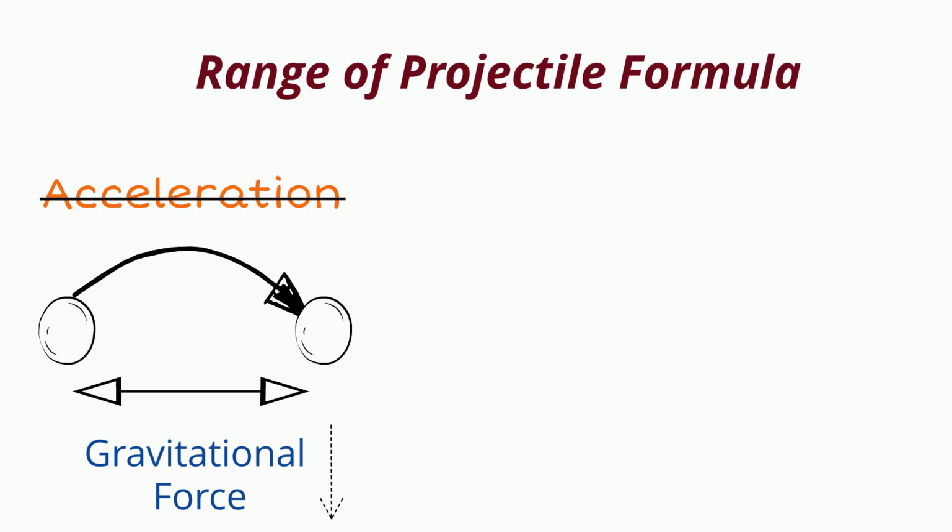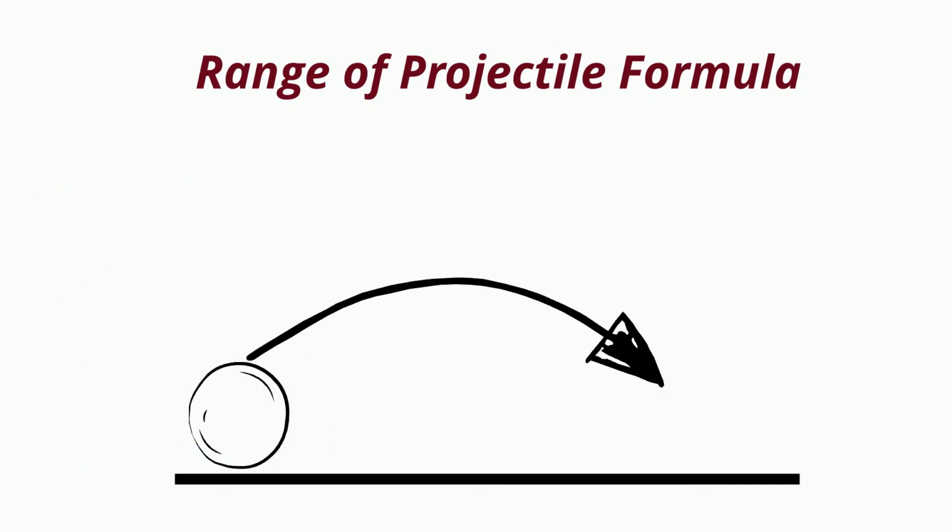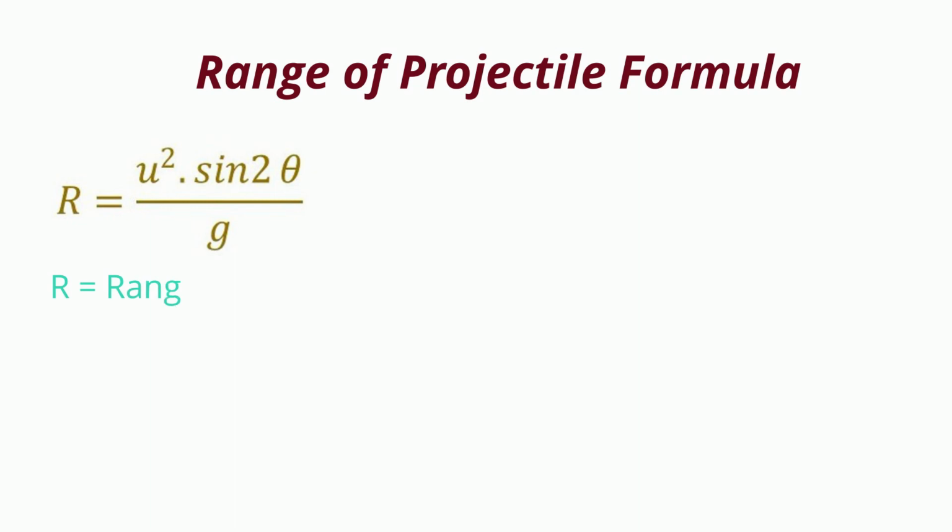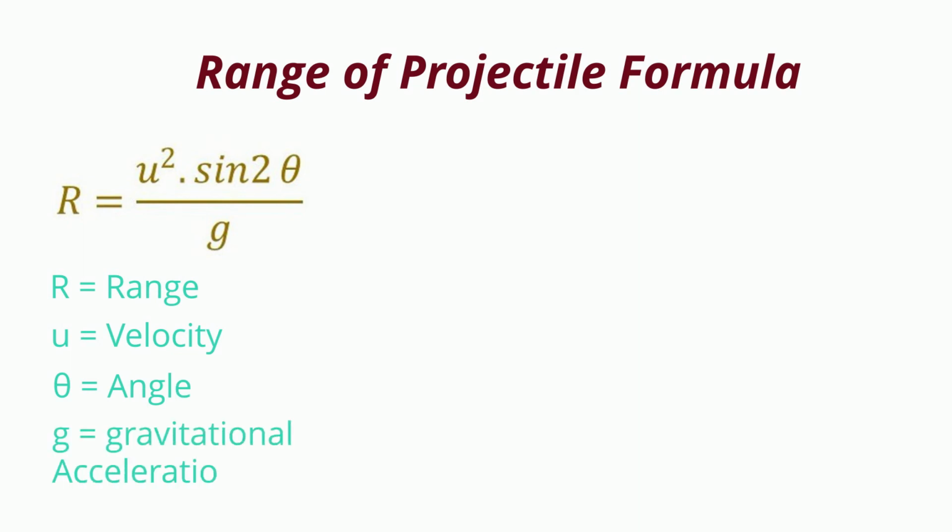If the object is being launched from the ground, which means that its initial height will be 0, then the formula of range is given as r is equal to u square sin 2 theta upon g, where r is the range, u is the velocity of the object, theta is the angle of projection, g is the acceleration due to gravity, and again sin theta is used as the vertical component is involved.